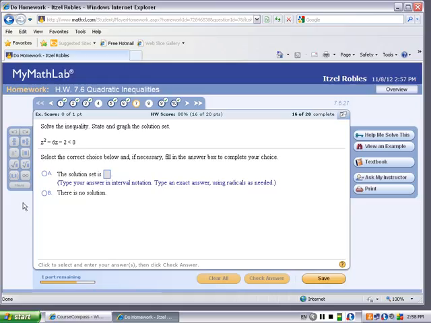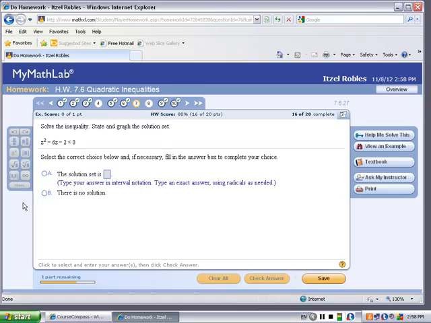How do you factor it? If you say yes, how do you factor it? I need your input, everybody. This is quadratic.